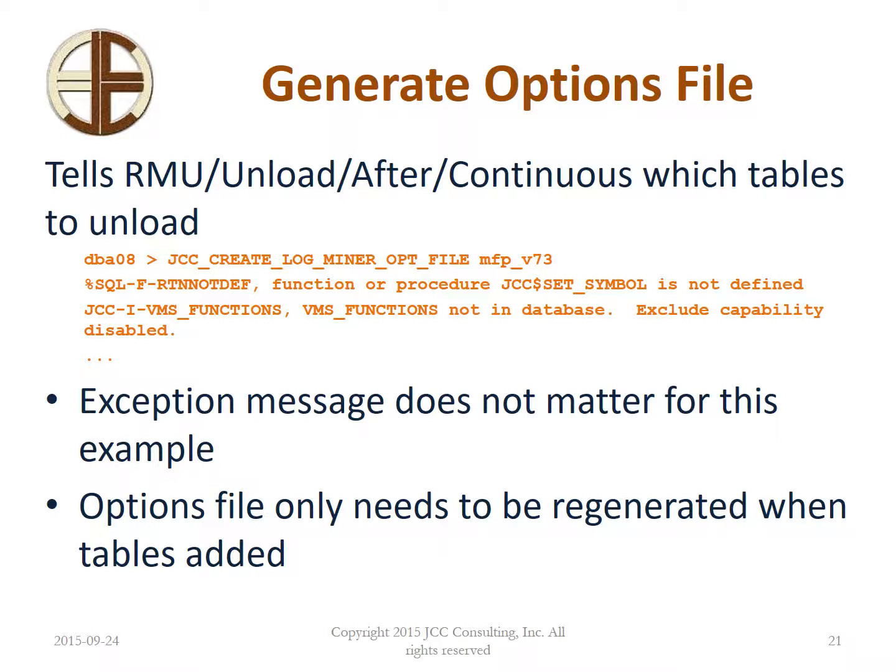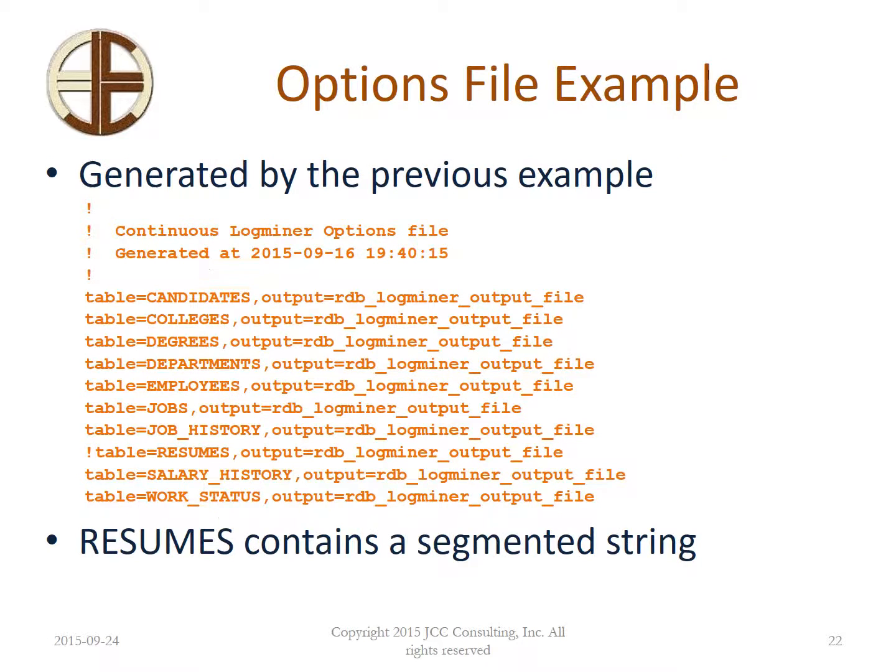The options file only needs to be regenerated when tables are added. So it lists a set of tables and an output. In this case, the output is RDB LogMiner output file. That's a logical name that we'll set up later in our command procedures, and it's going to point to an OpenVMS mailbox.